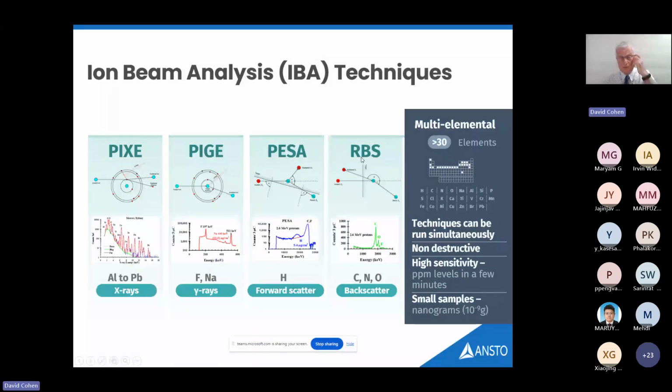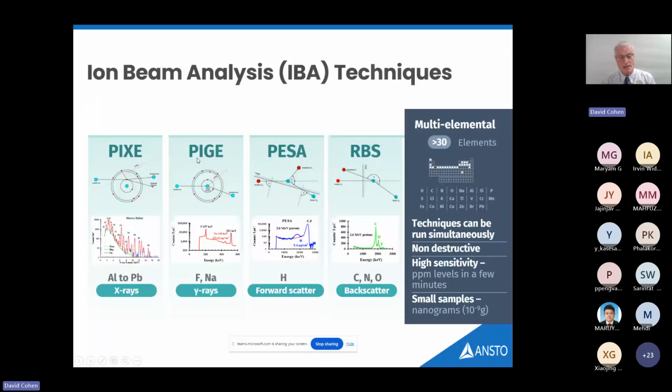So PESA is very good for measuring light elements in the matrix. Rutherford backscattering is exactly what it says. A light particle comes in, hits a heavy nucleus, and bounces back out at you. This is a very good technique for measuring light elements like carbon, nitrogen, oxygen, fluorine. So of these four techniques, X-rays are very good for measuring elements from aluminium to lead.